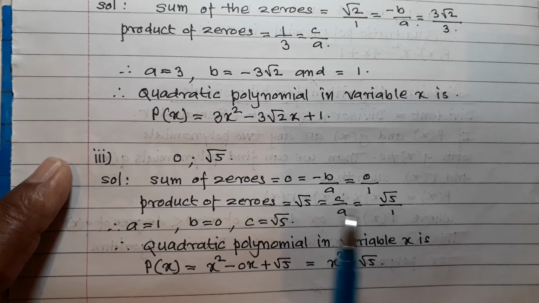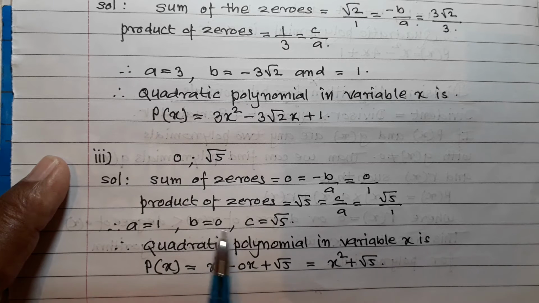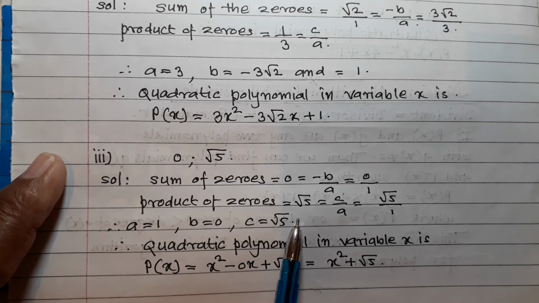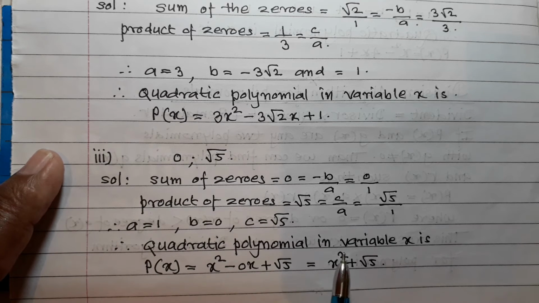So that I compare this b, a and c. So compare: a is equal to 1, b is equal to 0 and c is equal to root 5. And hence the quadratic polynomial in variable x is p(x) equal to x square minus 0x plus root 5, is equal to x square plus root 5. This term you omit.